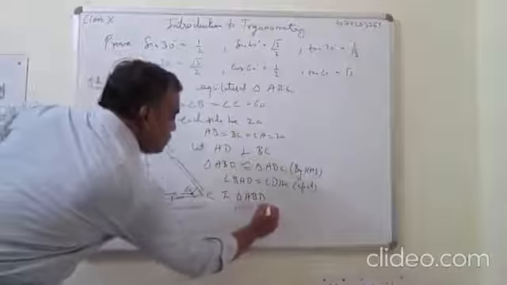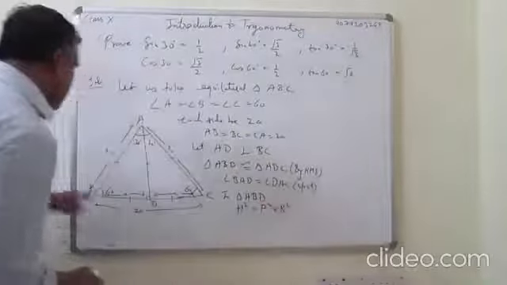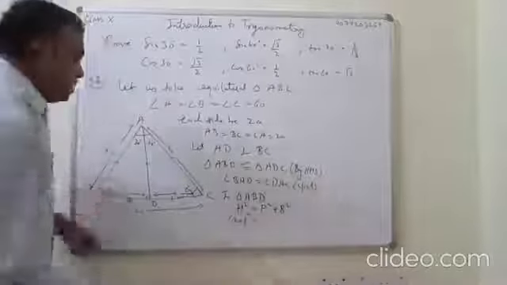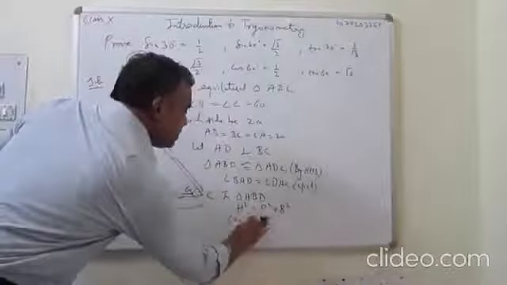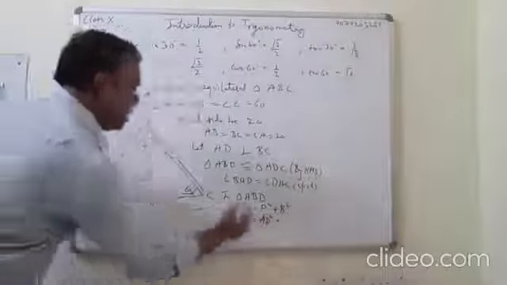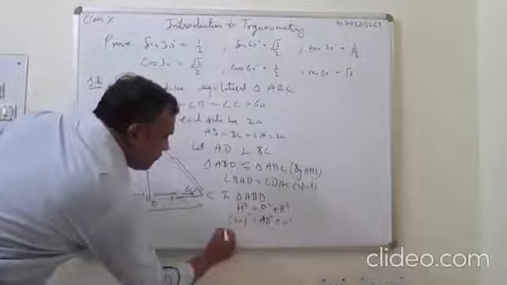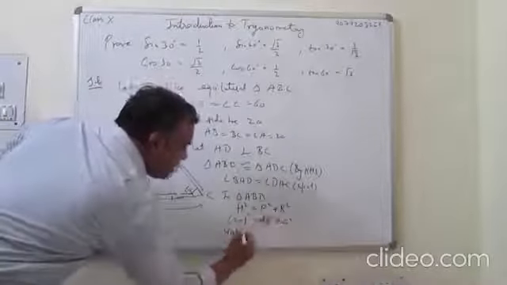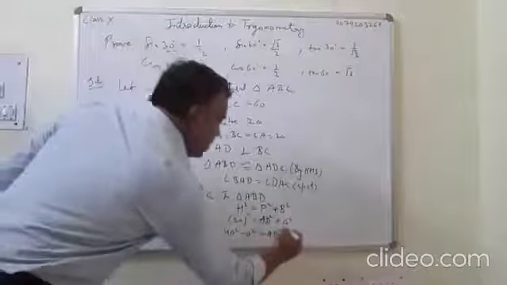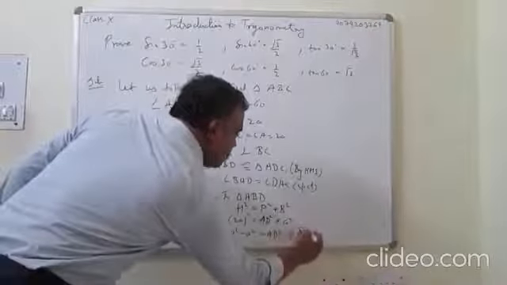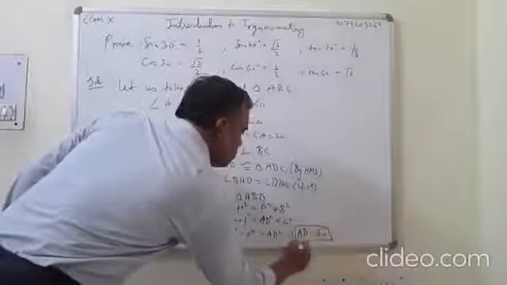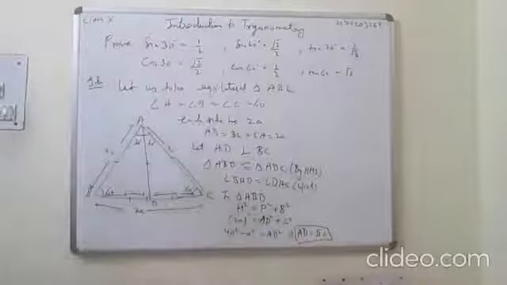Hypotenuse square is equal to P square plus B square. 2A whole square is equal to P square, that is AD square, plus base A square. So 4A square, this A square comes here, 3A square is equal to AD square. This implies AD is equal to root 3A.